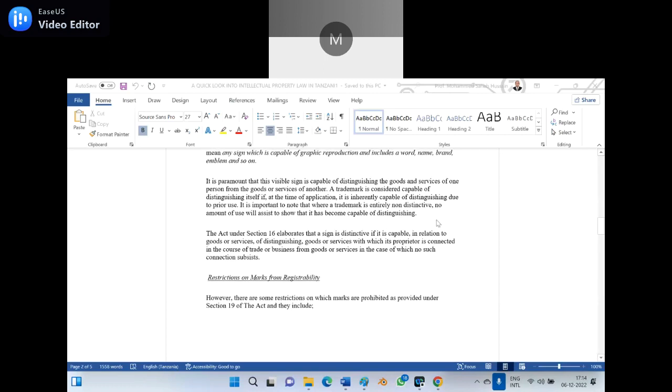Every product has its trademark, or a logo, or a sign, or a symbol, or name, which will distinguish it from one product to another product.